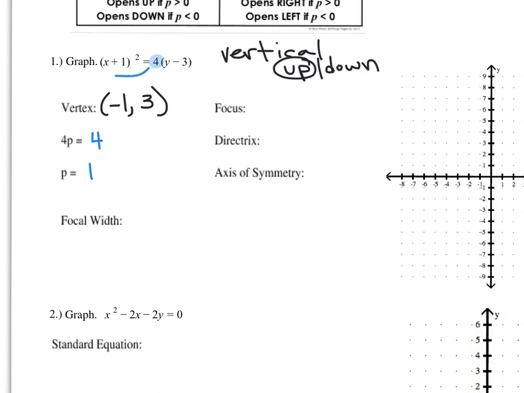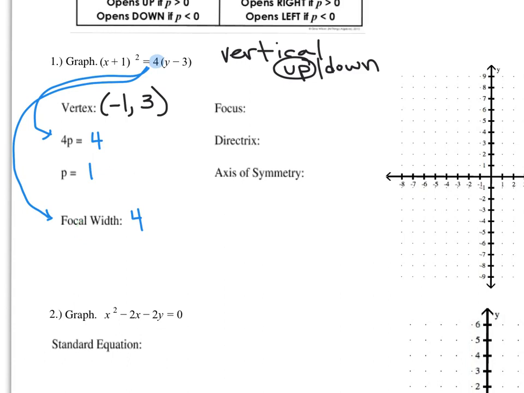So 4 is your 4p, and 4 will also give us our focal width. That's how wide the parabola is through the focus. So 4, the number on the outside, told us that it opened up because it was positive. It also gives us what 4p is, and our focal width, which is all good information.